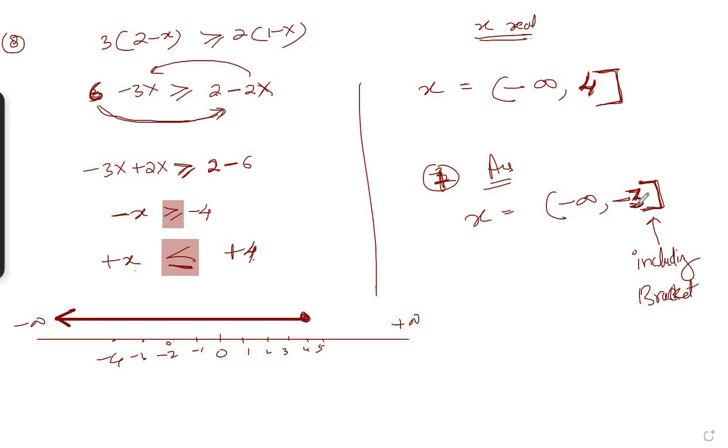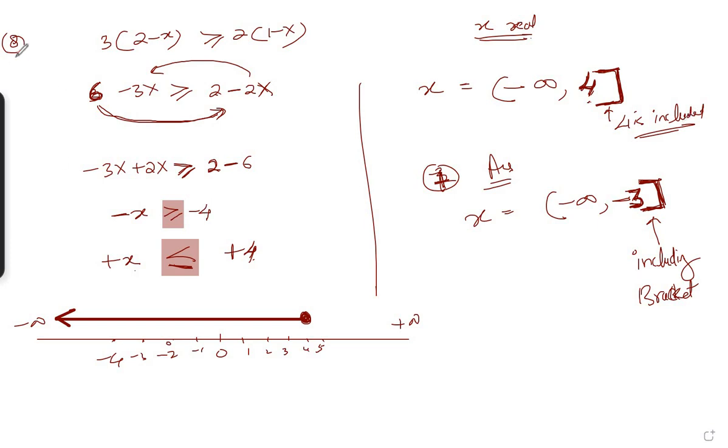When minus 3 is also included, then we have to use this square bracket. Here 4 is included, that's why I am using this. 4 is included, correct? I have given these details in the first video, please go through that.